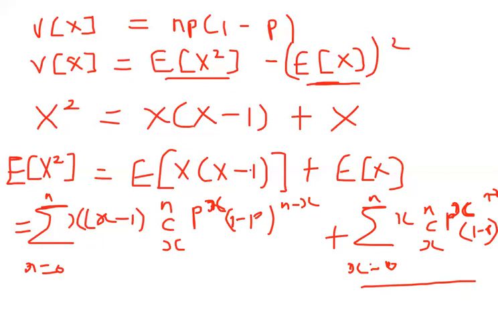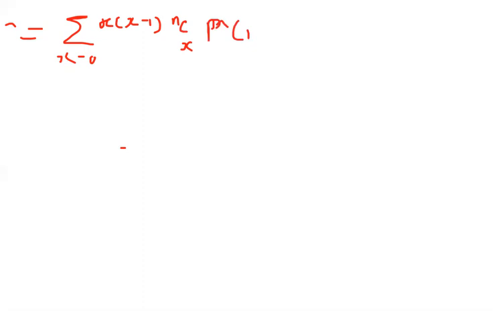So what it means is I'm going to have this is the same as summation of X equals 0 up to n, then I'll have X into bracket X minus 1, n combination X, p raised to the power X, 1 minus p, n minus X, plus np, right?